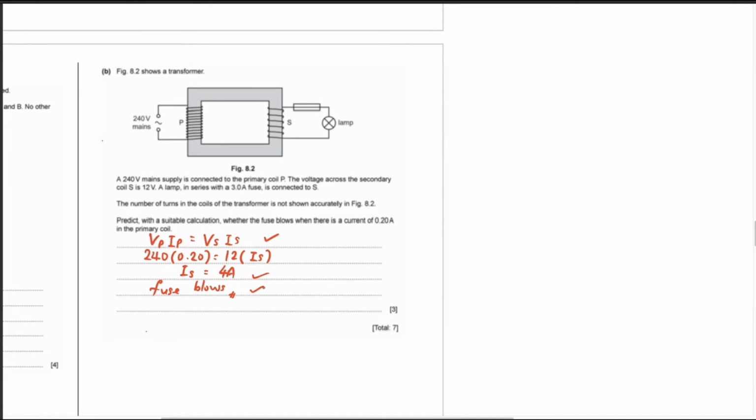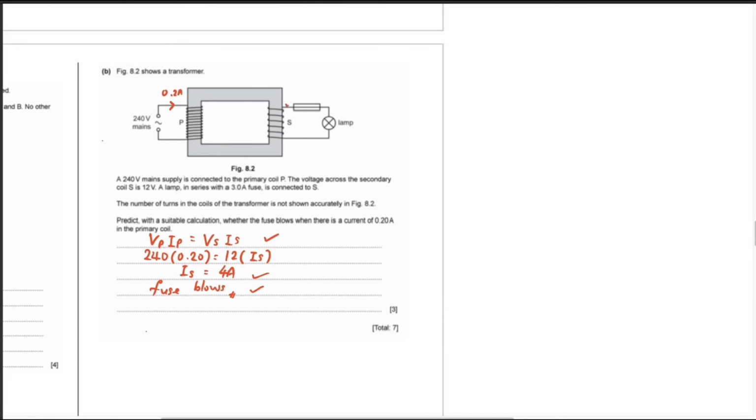So basically, what does the 4 ampere refer to? The 4 ampere is the current in the secondary coil, which is here. Here is the primary 0.2.